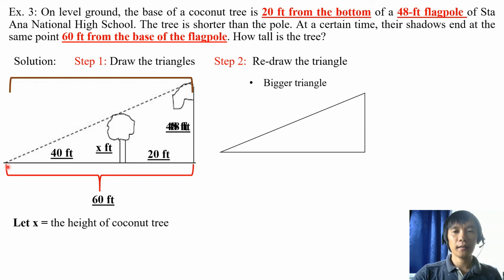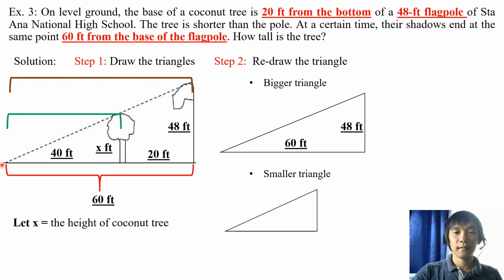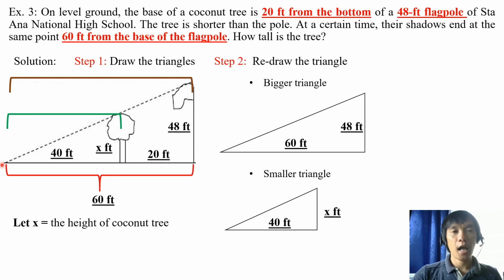So this will become 48 and this is 60. Next is our smaller triangle, from the coconut tree to where the shadows end. So that is 40 feet and that is our x. By the way, our x will be the height of our coconut tree.